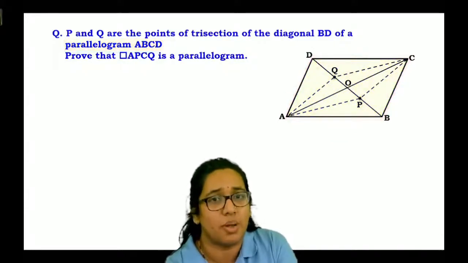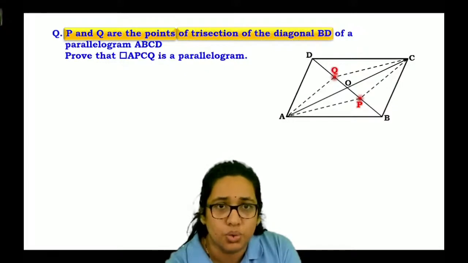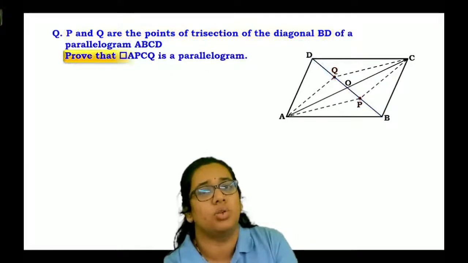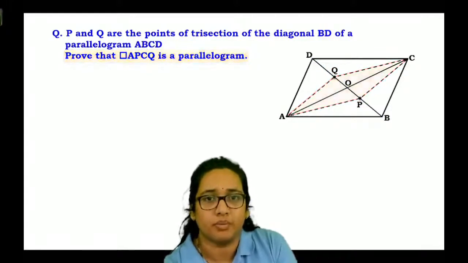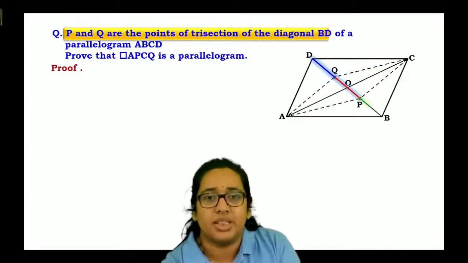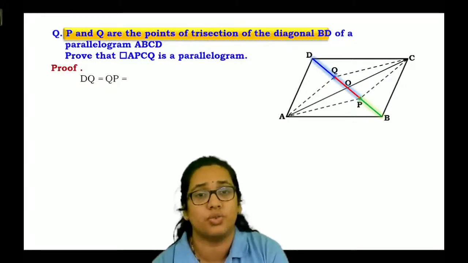As we have a parallelogram ABCD, and P and Q are the points of trisection of the diagonal BD, we just have to prove it. The given part is that P and Q are the points of trisection of the diagonal.